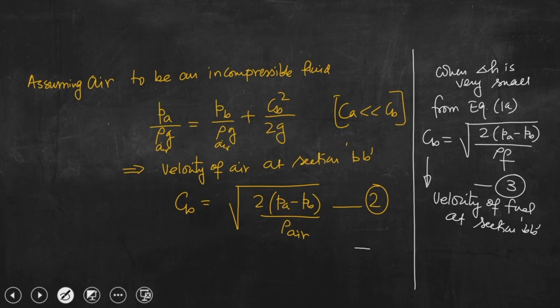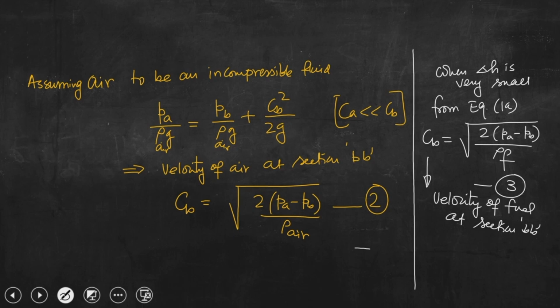Because our intention is to obtain the mass flow rate of fuel, this is multiplied by the density of fuel and the area of the fuel discharging tube. So, area is constant, density is also constant, and so basically if C B is constant, the mass flow rate of fuel remains constant, and that is a function of P A minus P B.